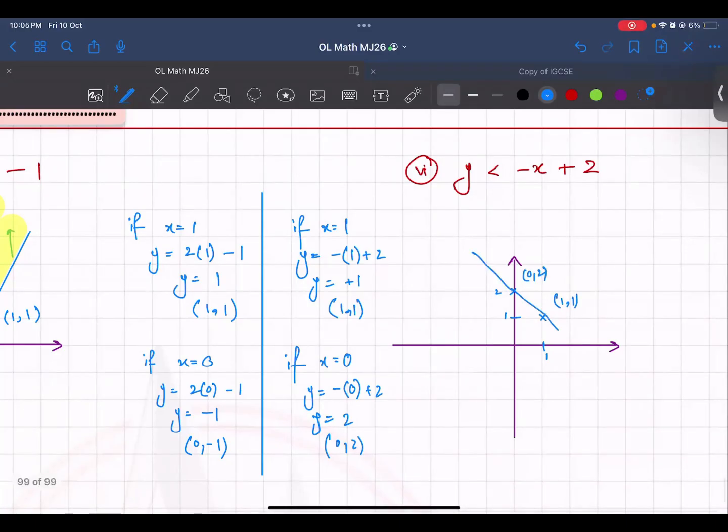And now you will join these 2 points. This is your line. And now you can see that it is only less than. So this line would be dotted.